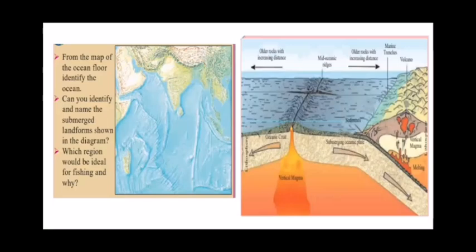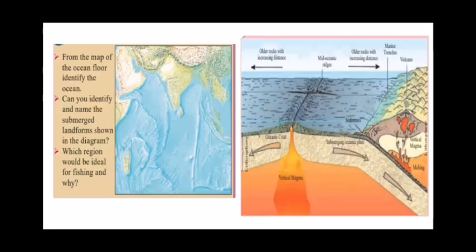So identify the ocean. Now looking at the picture itself, we can see that the country India is visible. So the ocean that is visible to us is the Indian Ocean. So the ocean that we can see below the country India is the Indian Ocean.